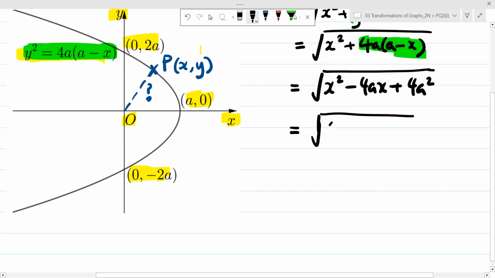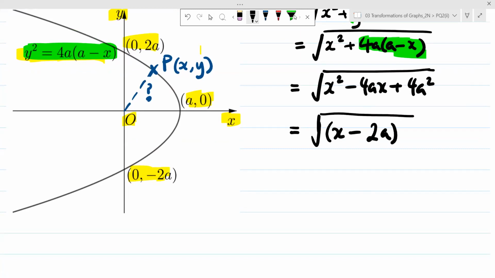I hope you see that lah. How to simplify? Is it x minus 2a? Yes. Well done.